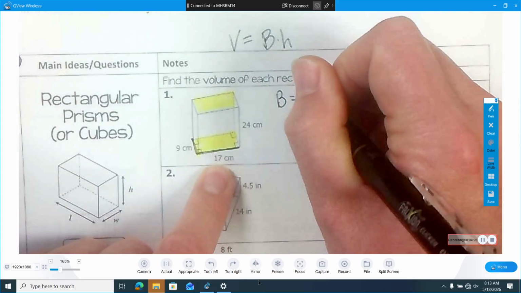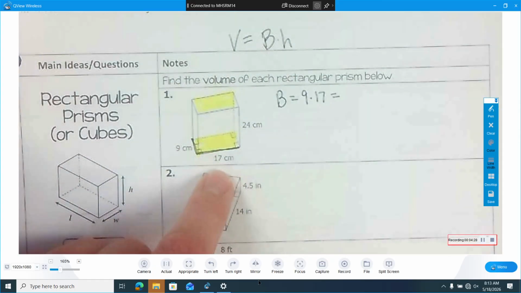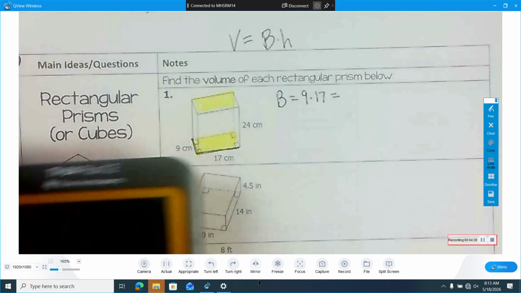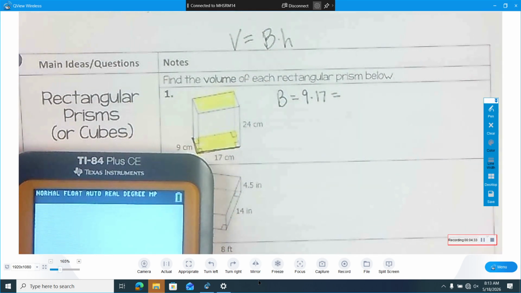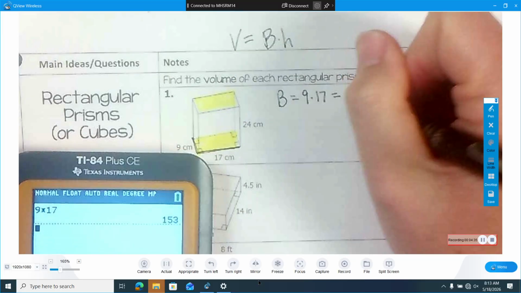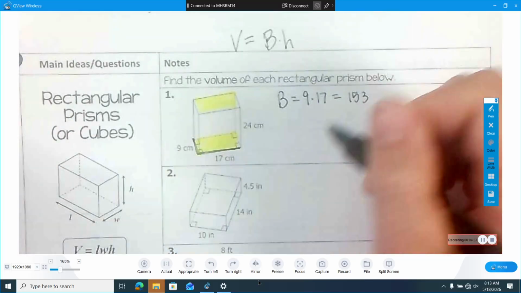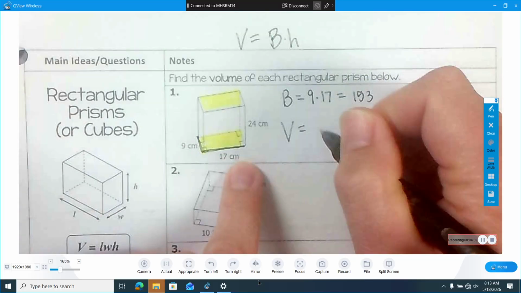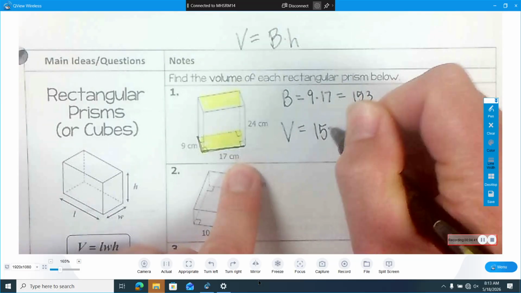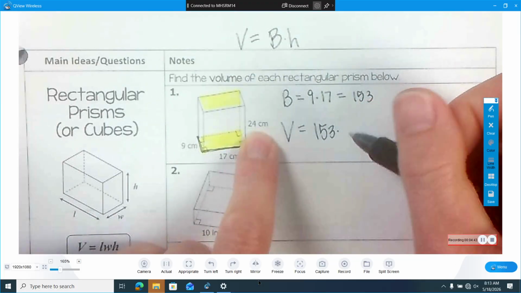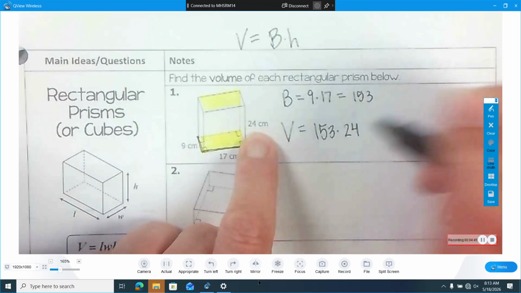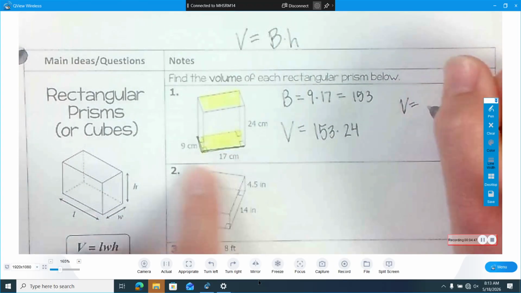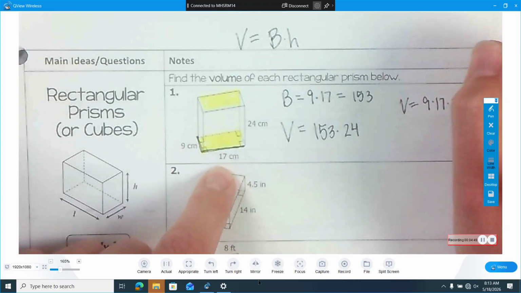So 9 times 17, I don't know what that is. 9 times 17 is 153. And then the volume is just that area of the base times the height between the bases, which is 24. Now, could you just do 9 times 17 times 24?